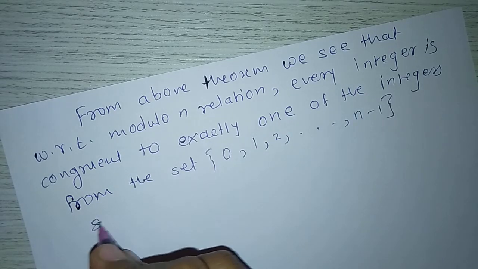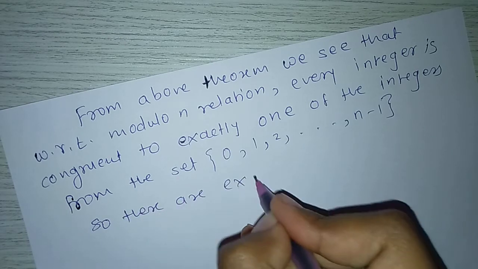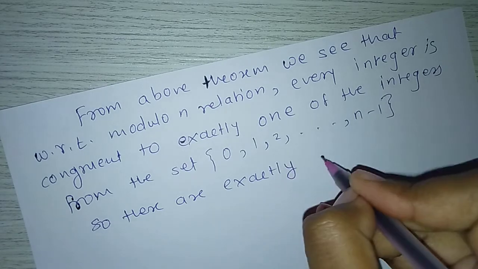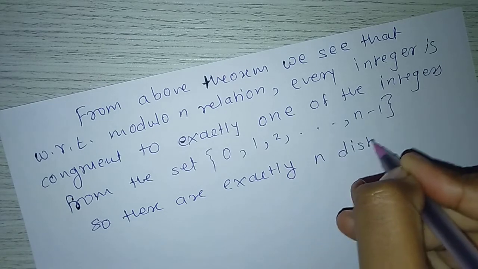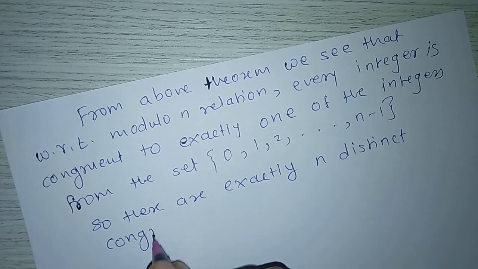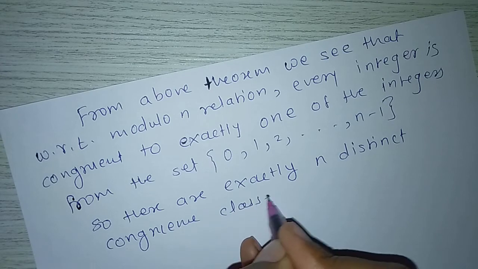So there are exactly n distinct congruence classes modulo n.